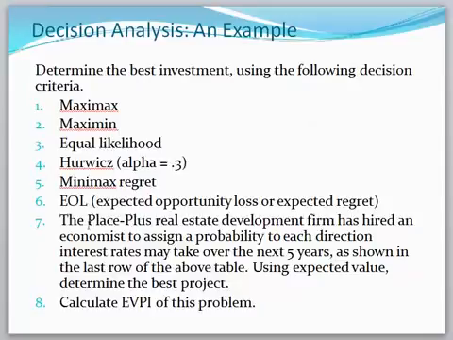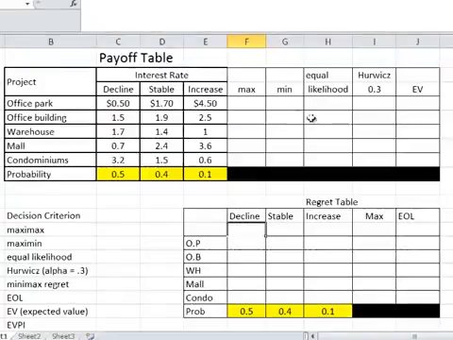In the end, we're also going to define a very important concept called EVPI, expected value of perfect information. In question 8, I'm going to show you how to actually calculate EVPI. Next, I'm going to turn to the Excel. The payoff table over here is identical to the one on the PowerPoint slide. Next, let's see how each of those decision rules work.